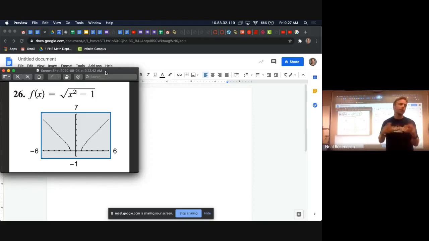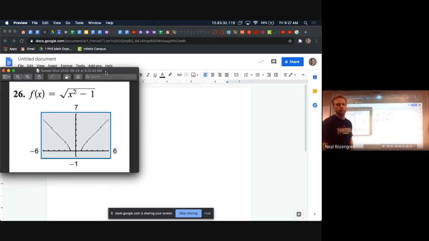What's happening in between? Well, let's pick a nice number like 0. What would happen if we went into here? Let me erase this. What would happen if we went back into here and you dropped in 0? Think about what would happen underneath that radical if you changed x squared minus 1 and you dropped in the 0 for x.